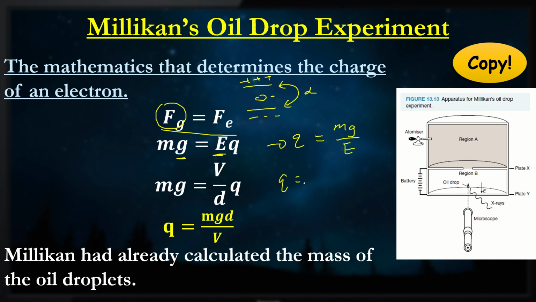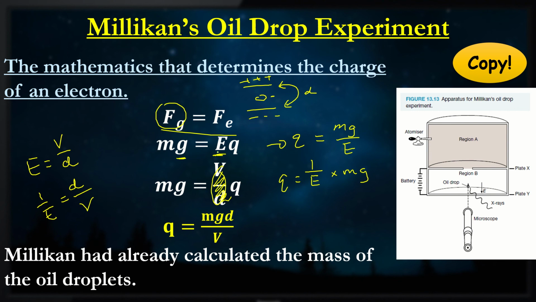And let's see what we get here. This is not correct, so I'll just readjust that. So we have 1 over E, just move that out of our equation. Now we know that the strength of the electric field is V over D. So if I have the inverse of that, D is on top, V is at the bottom here.